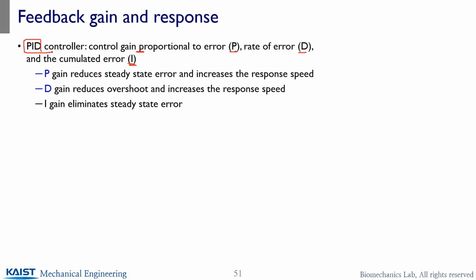So P control, if you increase the P gain, the system gets faster and the system could reduce the error overall. And D, if you increase the D controller gain, it will reduce the overshoot. So for the simple inverted pendulum system, your P gain could be analogous to increased stiffness. Okay, negatively proportional to the theta, which is the spring, and the D gain is negatively proportional to the theta dot, which is a kind of damper.